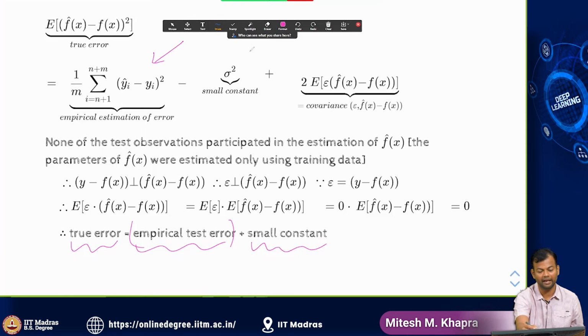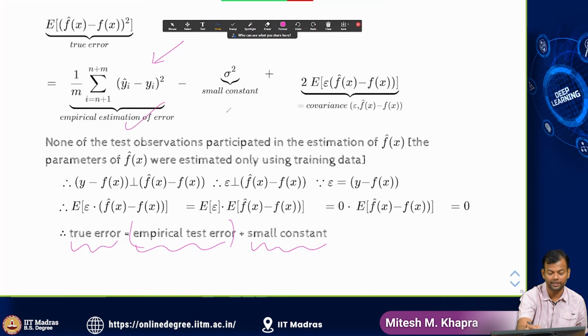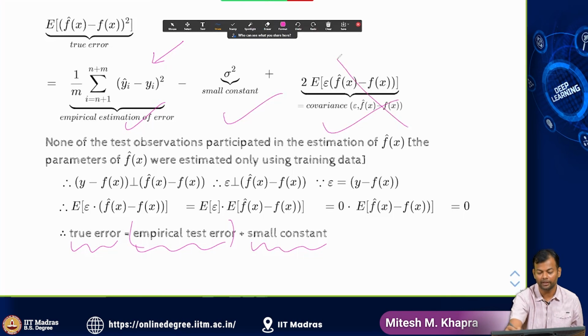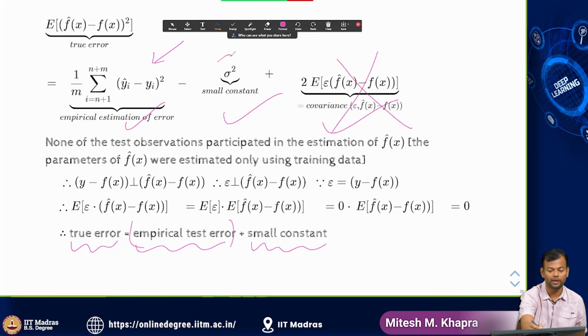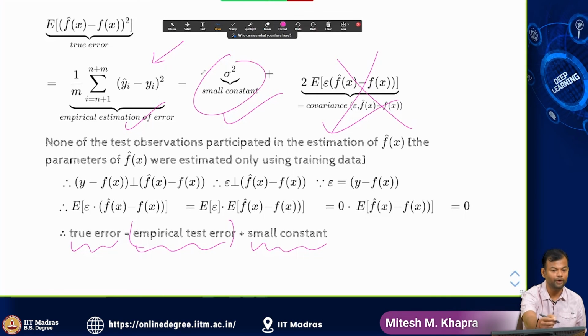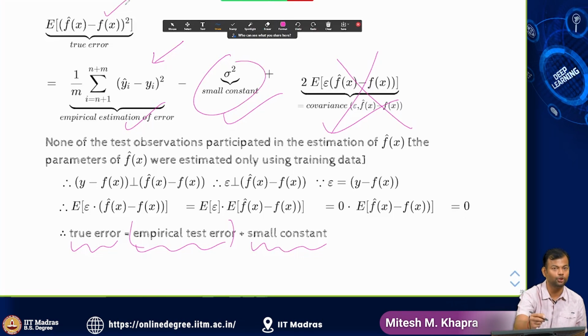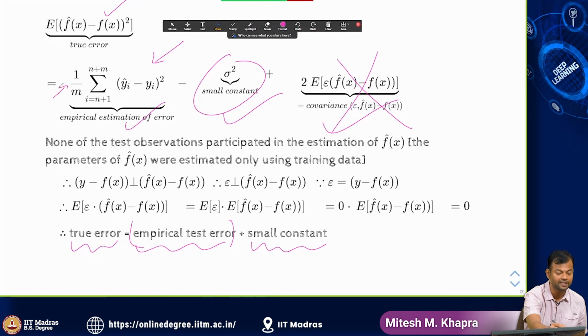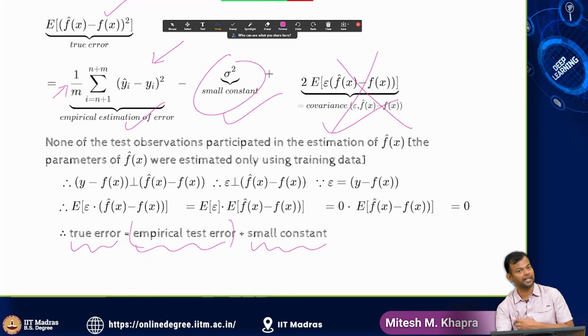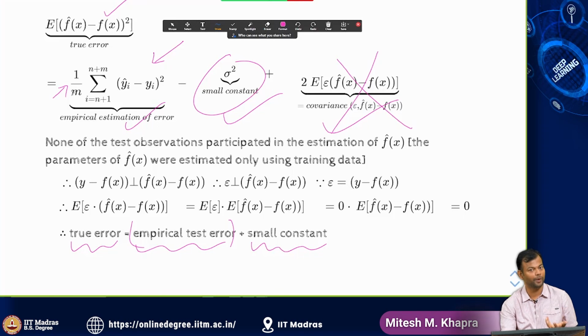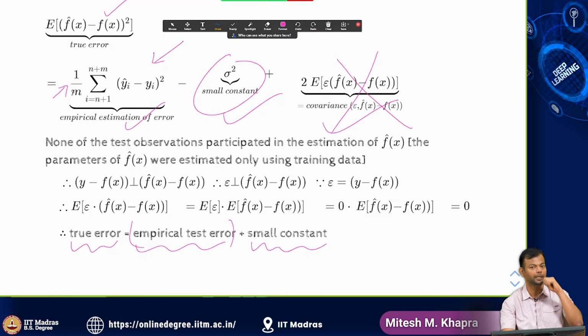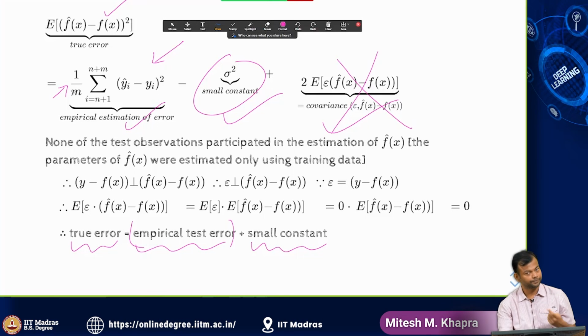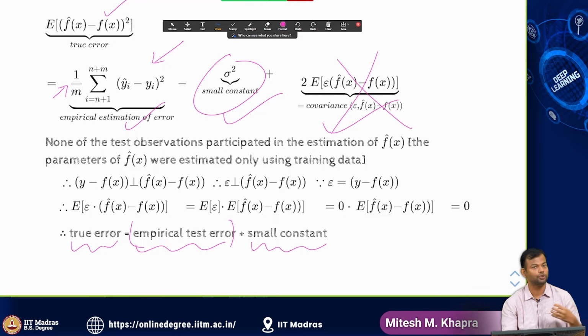That is what we derived here, because it was a sum of this quantity plus this quantity plus this quantity. We proved that this quantity is 0, and this is a small constant. So if I were to estimate the true error using the test data, then my estimation is actually very good, right. If I compute the error from the test data, then I am actually very close to the true error, right.